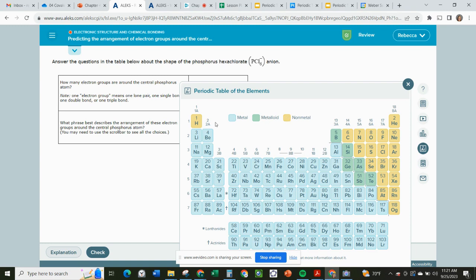So if we have a compound, we can decide if it's covalent by looking at the elements. If it's metalloids and nonmetals only, then that's going to be a covalent, or they call it a molecular compound. If it's only yellow, that's nonmetal, that's covalent. If there's any metals, anytime you see a metal, that can't be a covalent compound.